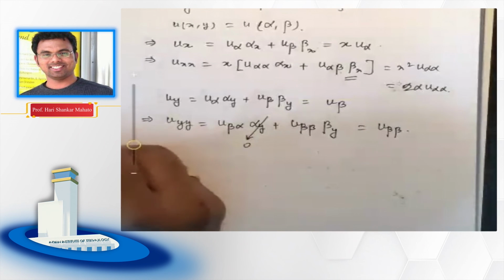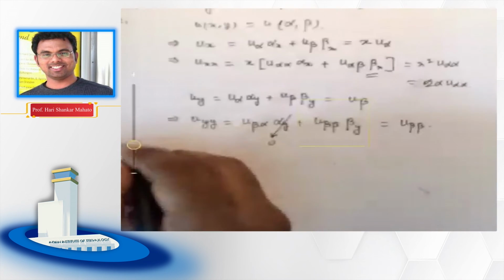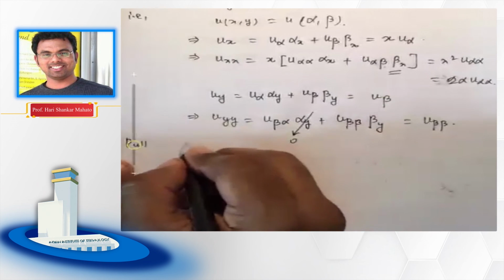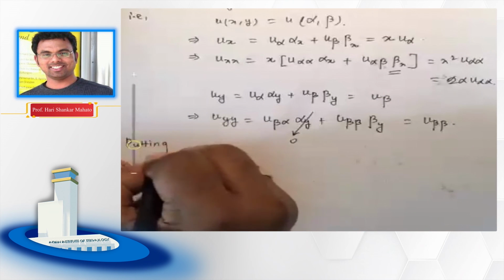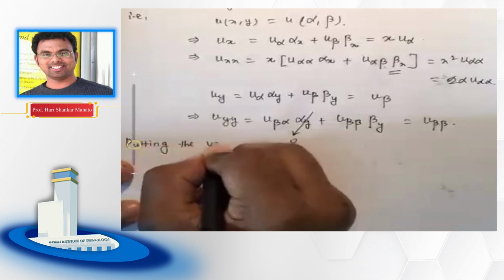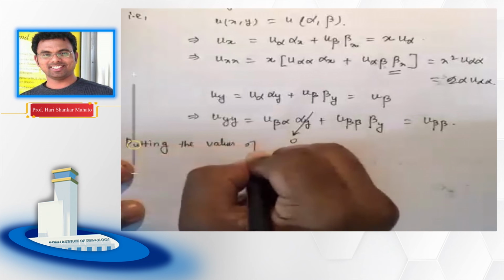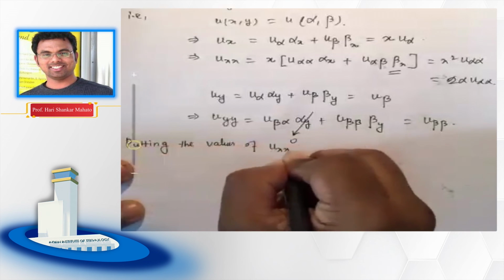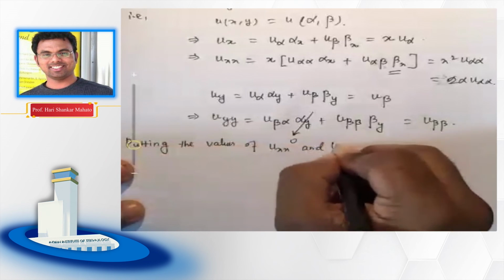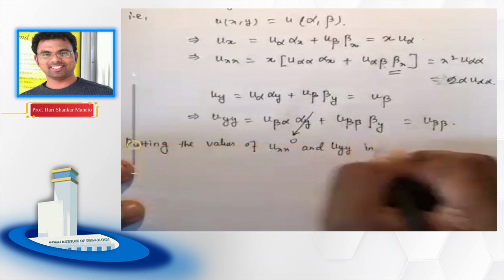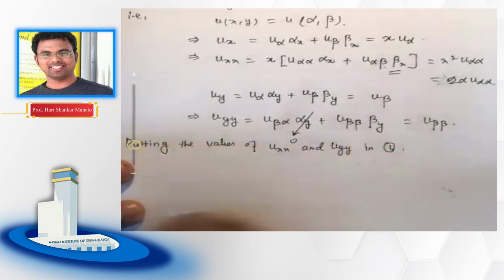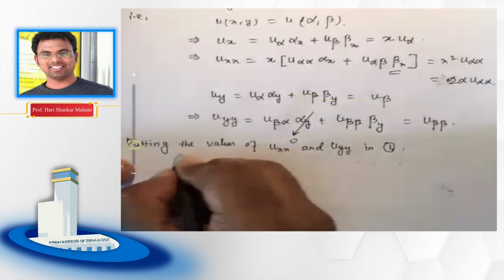So putting the values of uxx and uyy in equation 1. So what is my uxx?